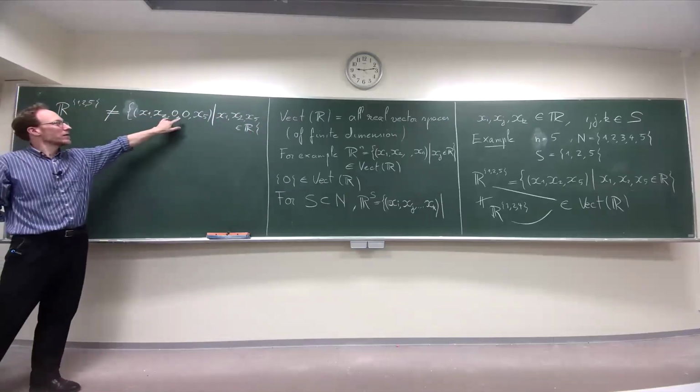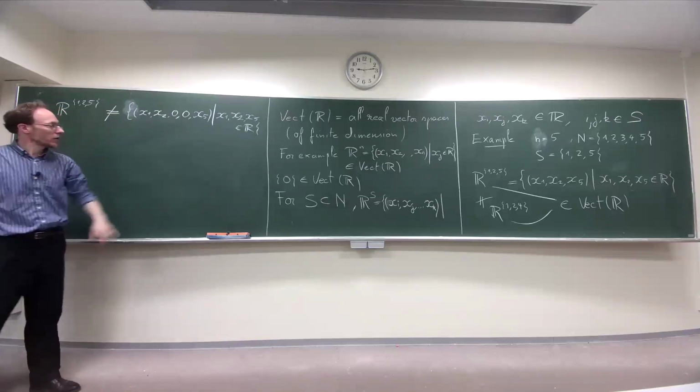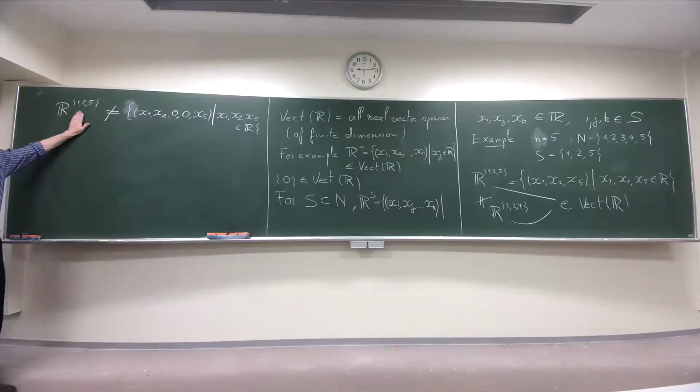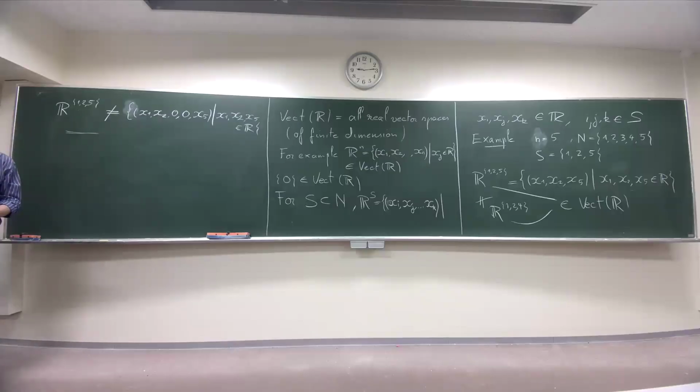Here, I'm giving the value 0 and 0 to x3 and x4. But in this one, and it's important to realize it, x3 and x4 simply do not exist. It's a 3-dimensional space, that's it, and it's made of the variables 1, 2, and 5. Nothing very complicated, but you probably have not seen this notation before.